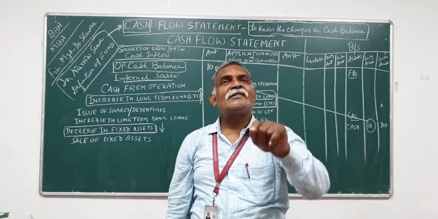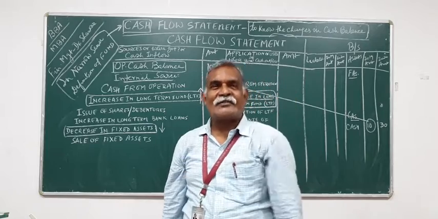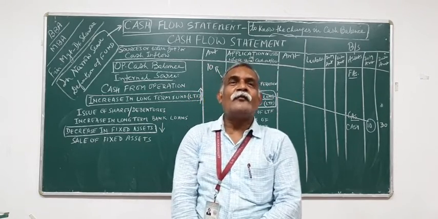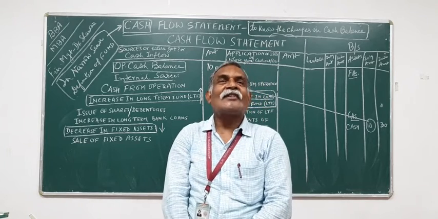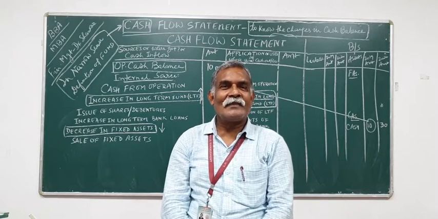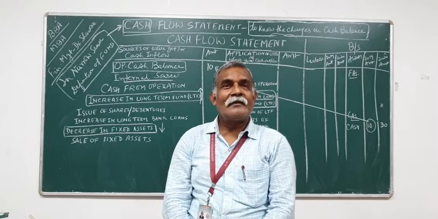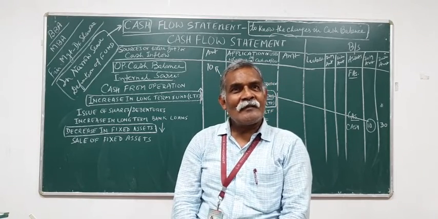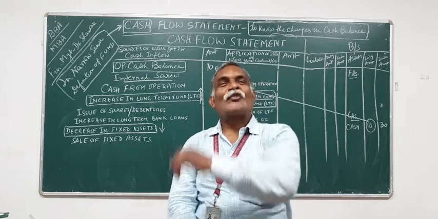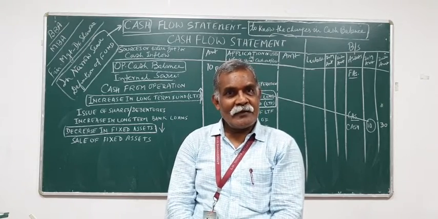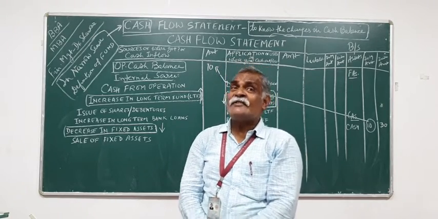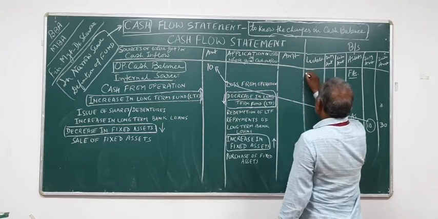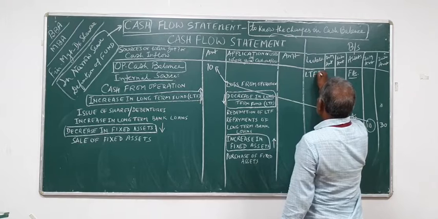Just write this answer in your comment box so that I should know how many of you understand. Increase in long-term fund becomes source. Increase in long-term fund means, this is your long-term fund.